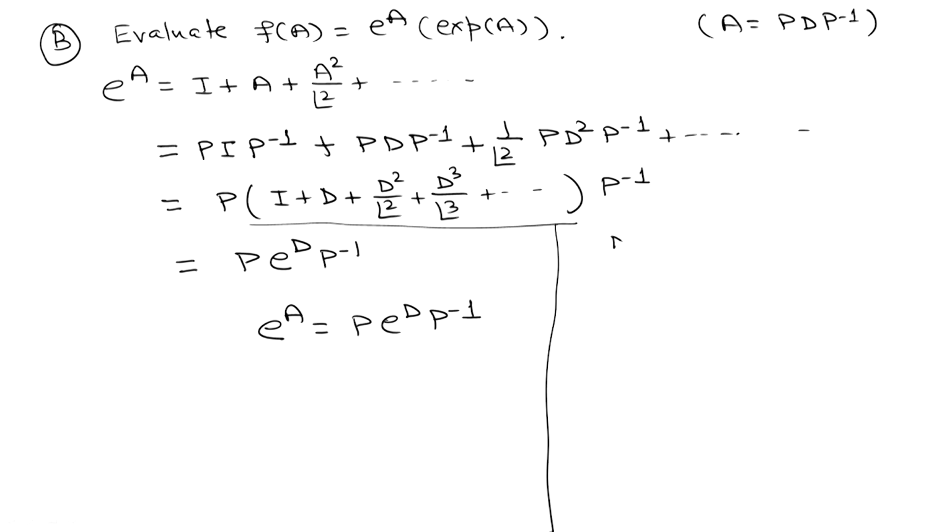Let us assume that D equals lambda 1, lambda 2, 0, and so on up to lambda n, with zeros elsewhere. So it is an n by n matrix.